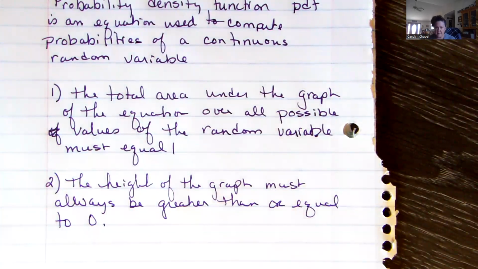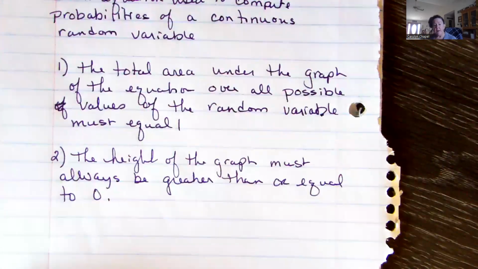So similarly, we would need the total area to be 1, kind of like adding all of our pieces, and our curve has to be always above 0 for values that this random variable takes on.